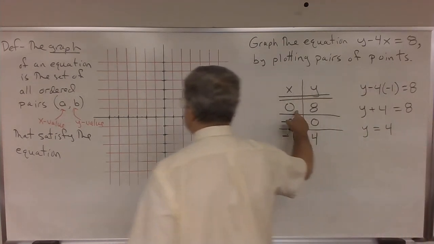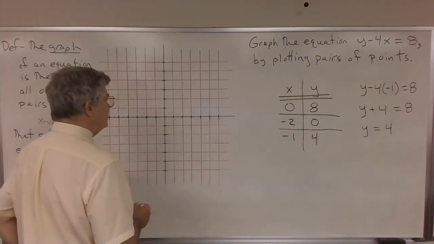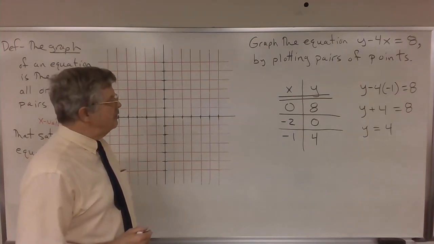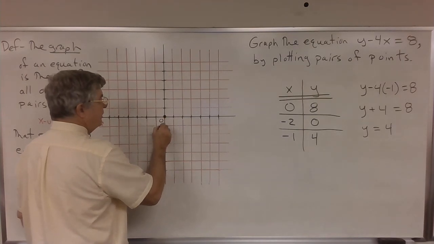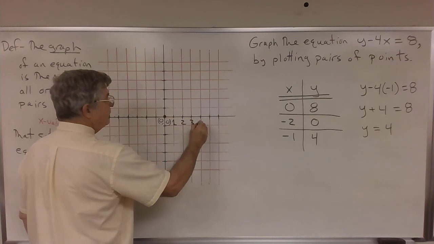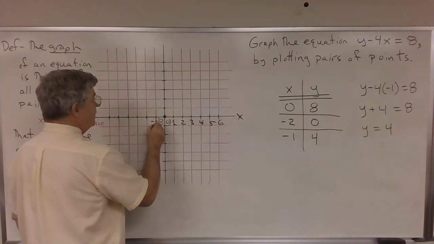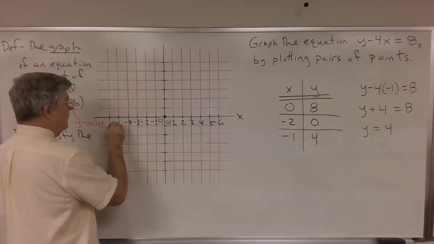X equals 0. So let's see, where is x equals 0? Oh my goodness. I drew the xy coordinate system and I didn't put any numbers down. Well, this is 0, 0, 1, 2, 3, 4, 5, 6, negative 1, negative 2, negative 3, negative 4.